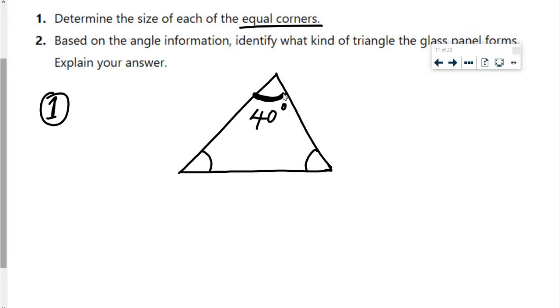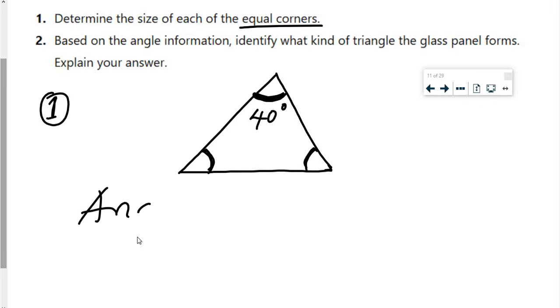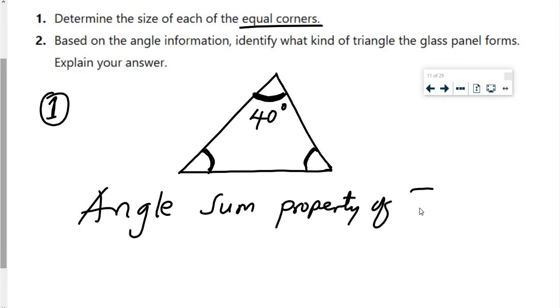This is only one angle inside a triangle, but we are given one more piece of information, that the two angles are equal. So using the angle sum property of a triangle, 180 degrees, this concept will help us get the answer for these two angles here.